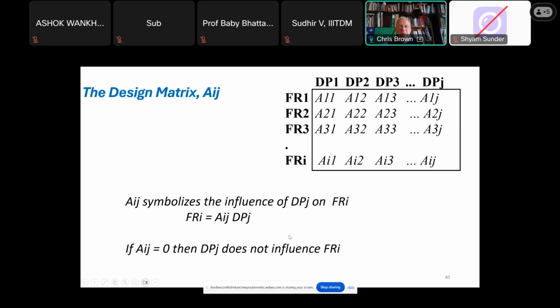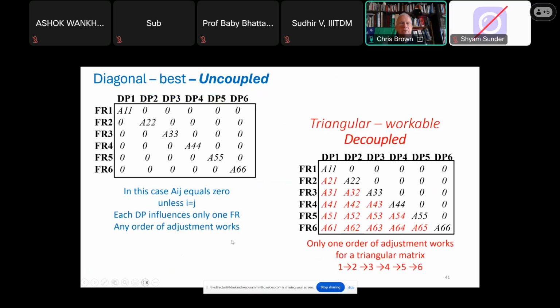Anyway, so yes, we talk about the influence. So we put in zeros and X's, and so we can quickly see what's going on. Although here I'm leaving the numbers on so that we can see sort of what's going on. So ideally, we would like to have a diagonal matrix. So then we can adjust the DPs in any order, and this is what we call uncoupled.